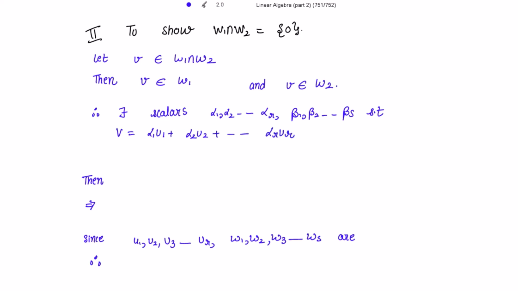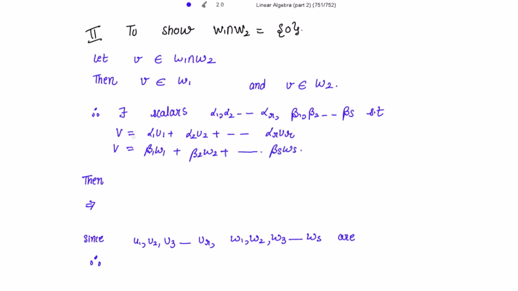And because V belongs to W2 and W1, W2, Ws are the generators of W2, every element of W2 is a linear combination of the generators of W2. So V is a linear combination of its generators: beta 1 W1, beta 2 W2, up to beta s Ws.